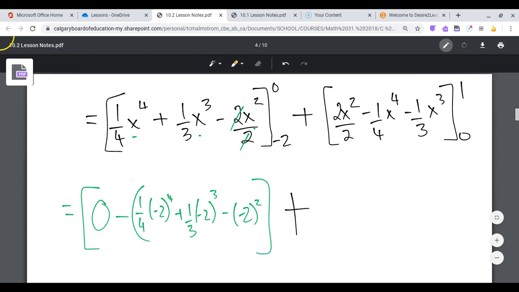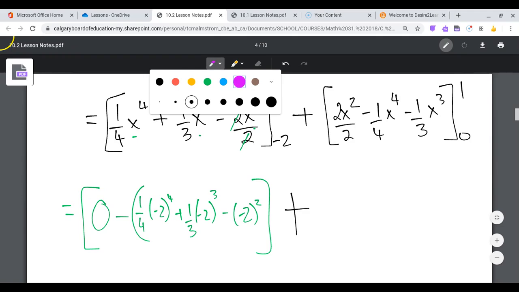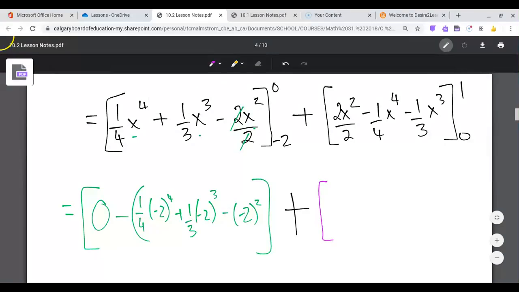Plus region 2. Okay, so those 2's cancel. And 1 is the first number I'm going to put in because it's the bigger one. So 1 squared minus 1/4 (1) to the 4th minus 1/3 (1) cubed. Again, if I put in a 0 for each of those x's, I'm going to get a 0. So subtract 0.